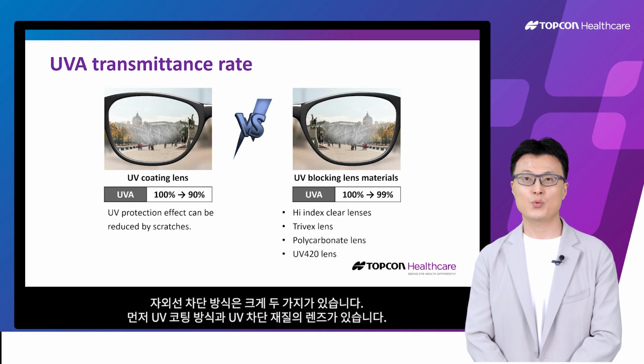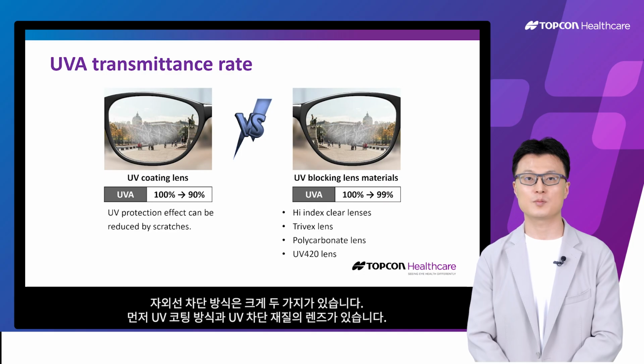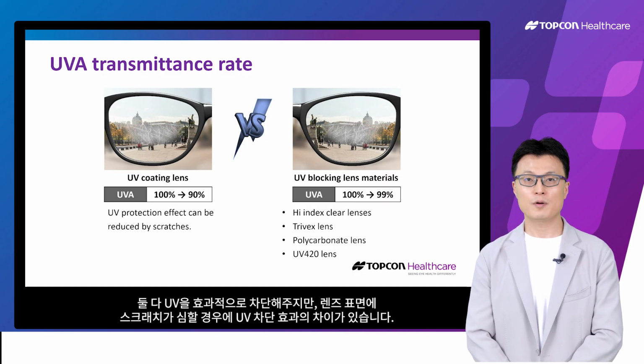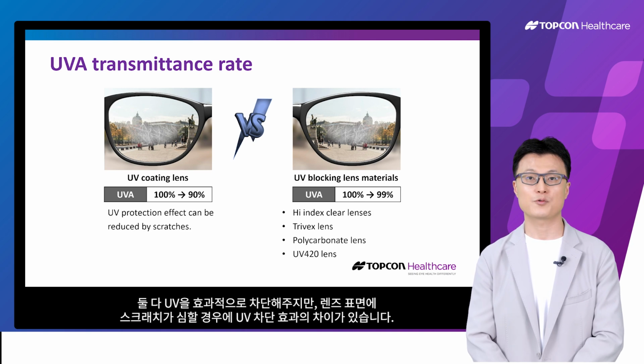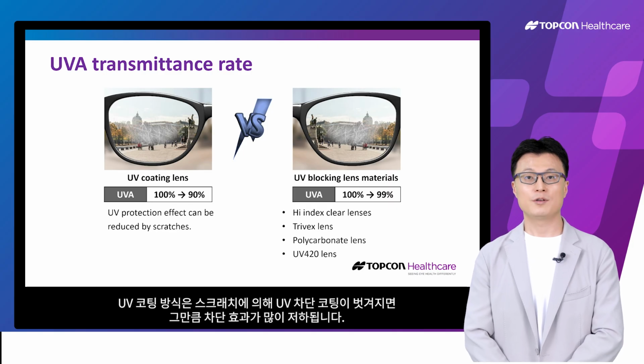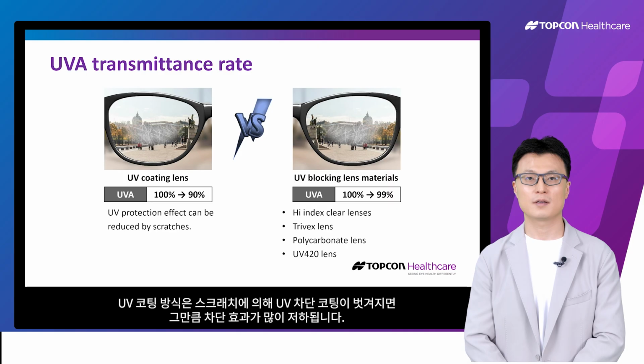There are basically two ways to block UV light. One is using a UV coating, and the other involves using UV blocking lens materials. Both methods effectively block UV light, but they perform differently when the lens surface gets scratched. With UV coatings, if the coating starts to peel off because of scratches, the UV blocking effect drops significantly.